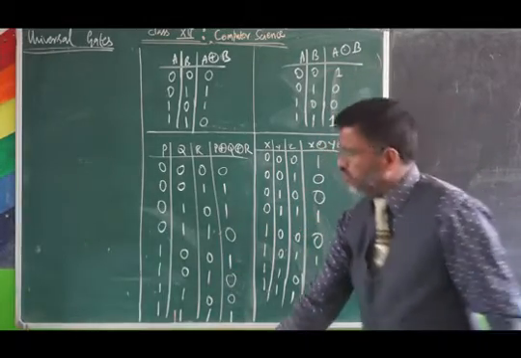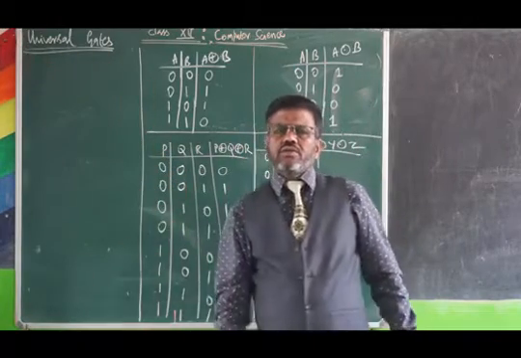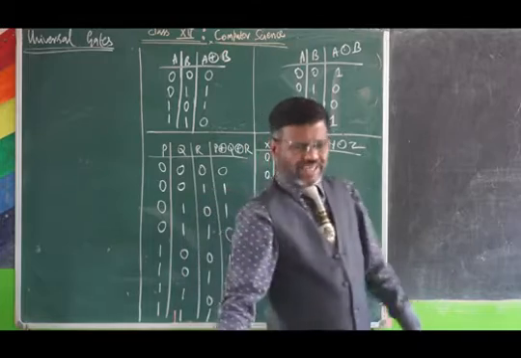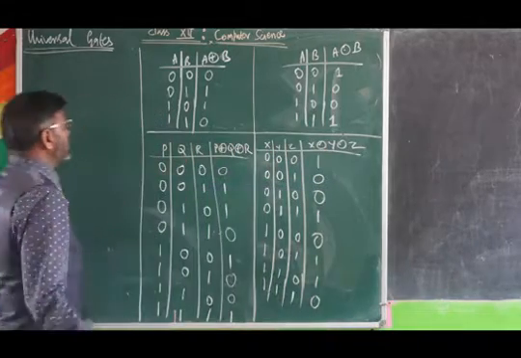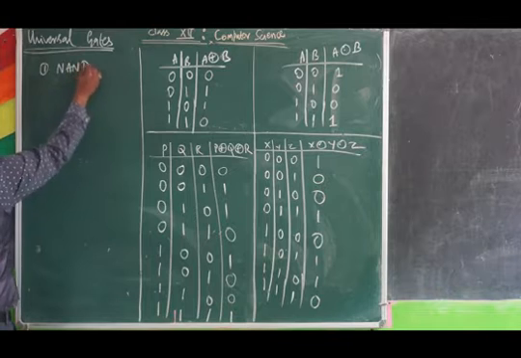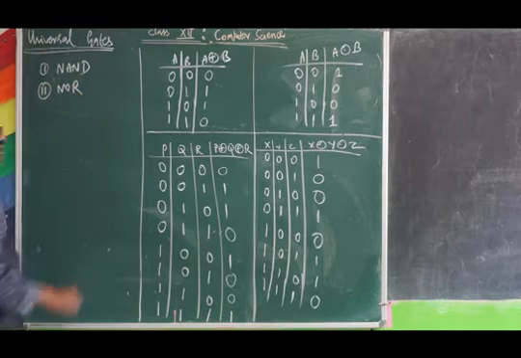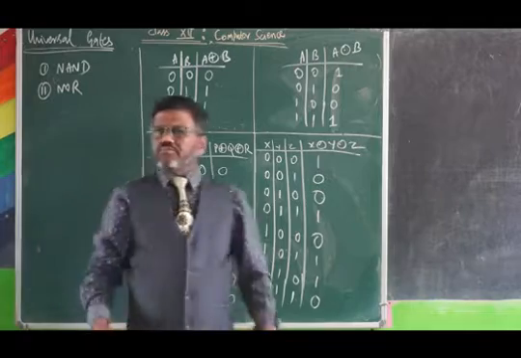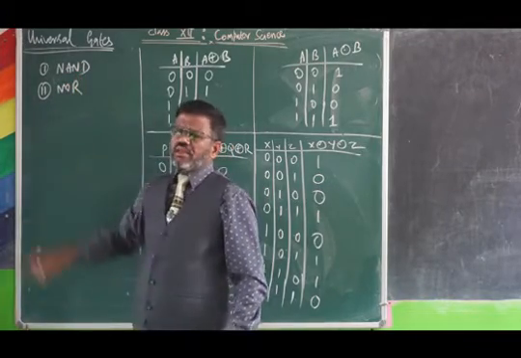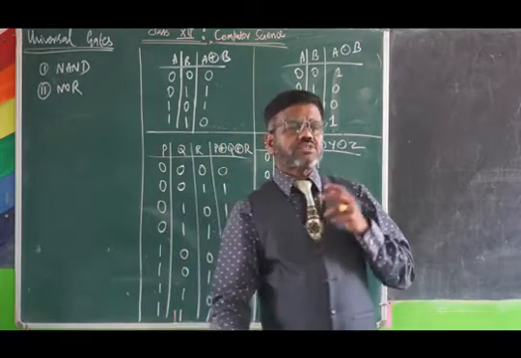Now I would like to tell you about the universal gate. What is this universal gate all about? The NAND gate and NOR gate are called universal gates. They can be built based on the AND gate and OR gate, which is very easy to design and an inexpensive affair.